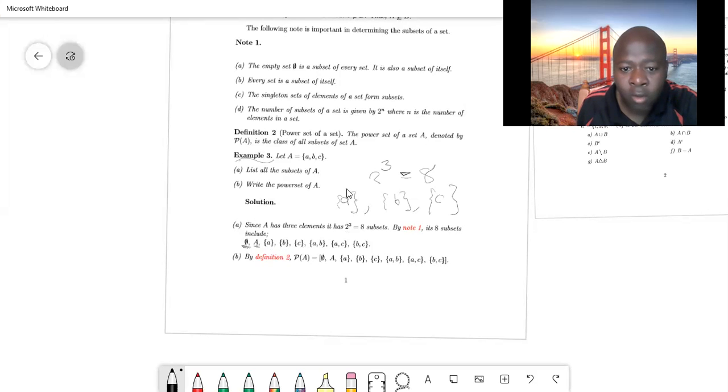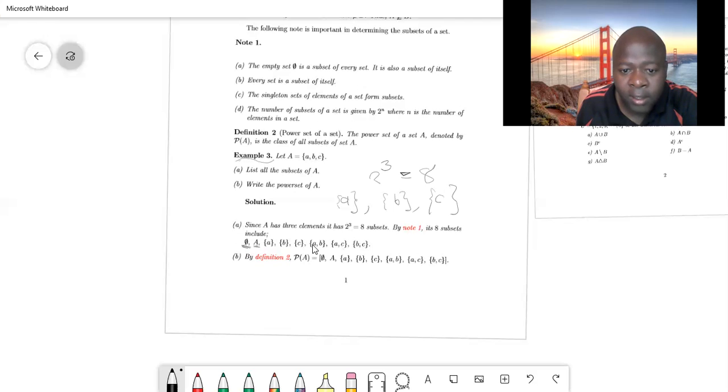And then I can also combine the elements. I have a and b, which will give us a subset, a and c will give us another subset, then b and c is another subset. So how many subsets are these? 1, 2, 3, 4, 5, 6, 7, 8 subsets. Now the other question was the power set of A, and I've said that this is the class of all the subsets.